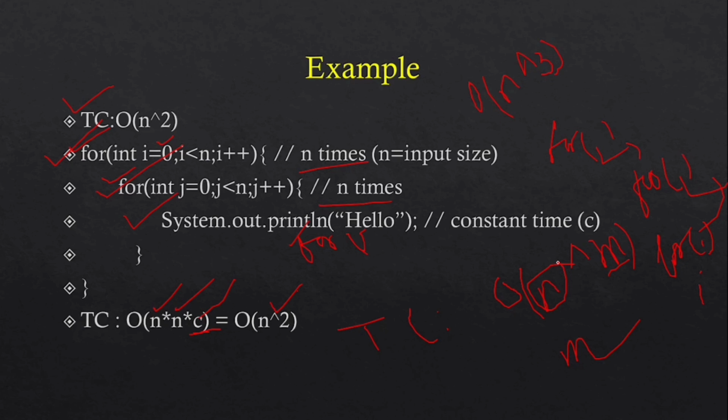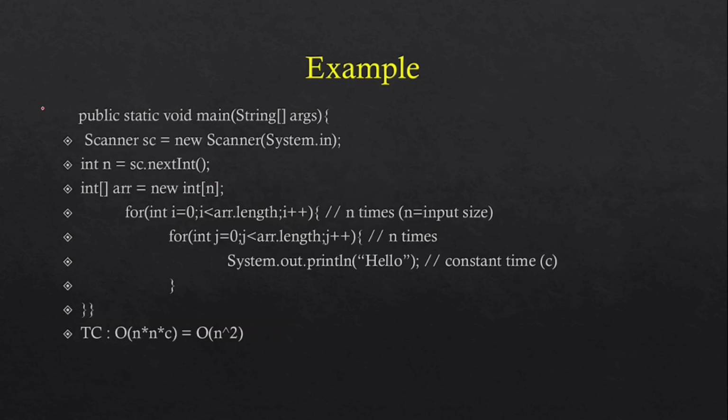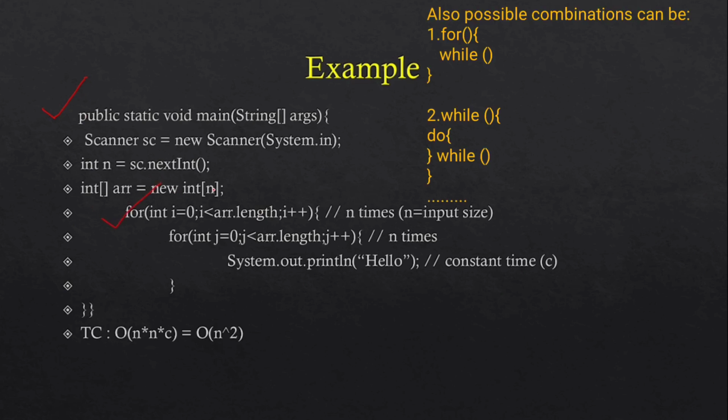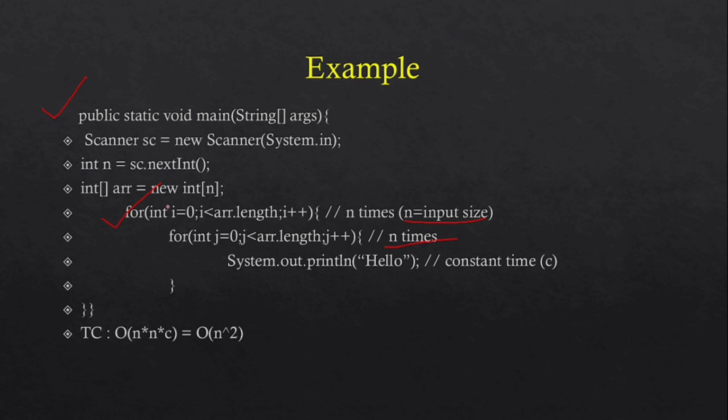So now let's go to the next slide. Now let's see this example. This is our for loop. You have a for loop, so this for loop executes n times, and you have another for loop, this also executes n times. So now what is your time complexity? It is order of n square, and we just ignore the constant things.